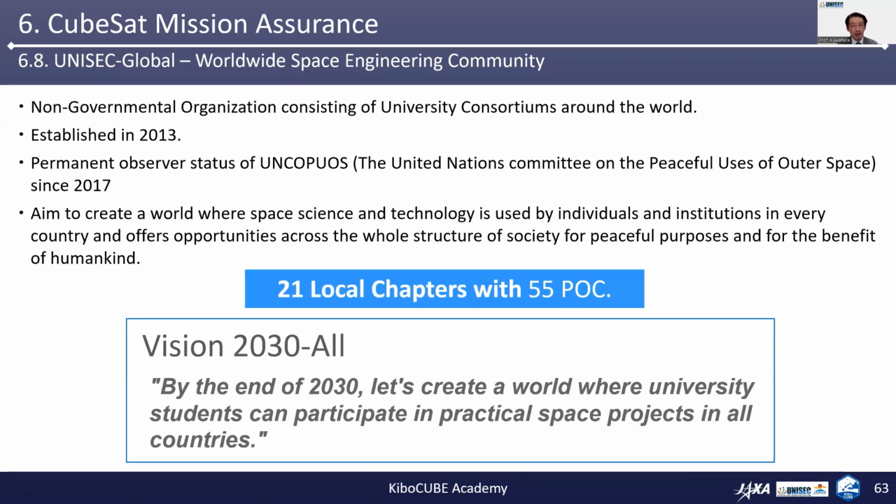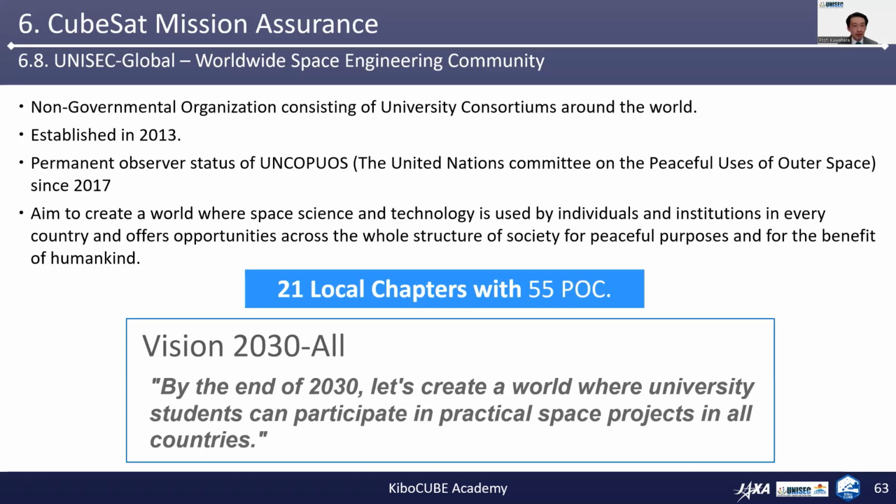So UNISEC is now expanding its range of activities to the world. UNISEC Global was established in 2013 and already has 21 local chapters with 55 points of contact. UNISEC Global also has a permanent observer status at UN COPUOS. The policy of UNISEC Global is written here.